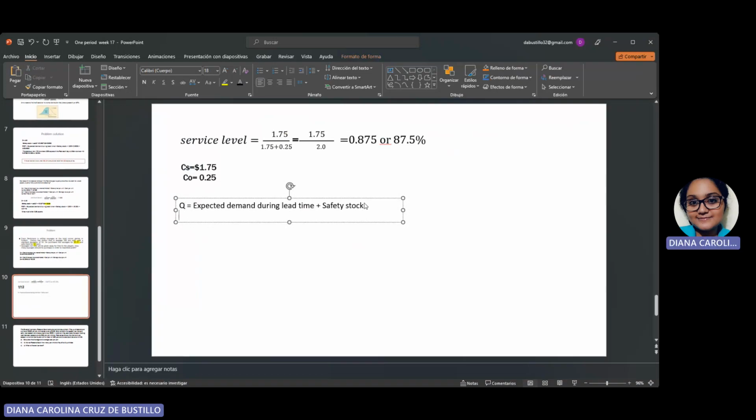Now, if we were to work this formula a little bit more, the expected demand during the lead time would be average demand multiplied by the lead time, plus the safety stock, that is C multiplied by the standard deviation of demand during lead time.